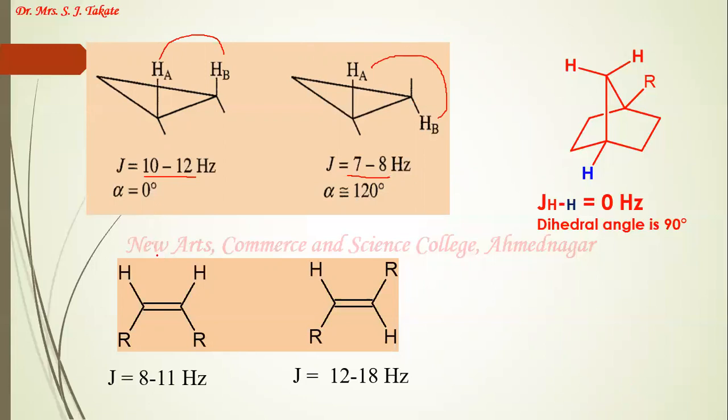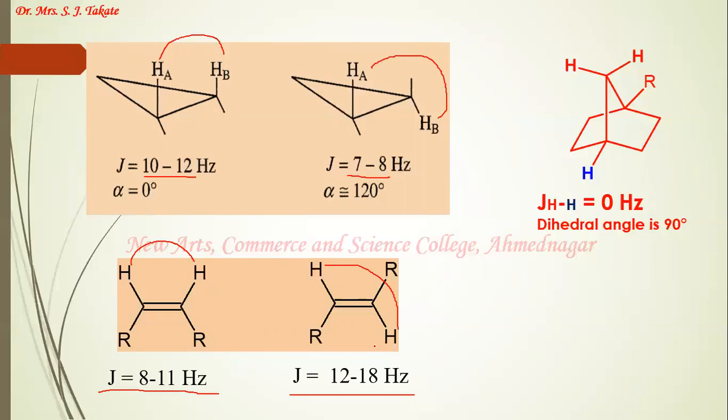Let us check these olefinic protons. These two protons are cis with respect to one another, and these two protons are trans with respect to one another. Cis protons show a coupling constant value of 8 to 11 hertz, while the trans protons have a large coupling constant value, 12 to 18 hertz. Cis protons have a 0-degree dihedral angle with one another, and trans protons have a 180-degree dihedral angle with respect to one another.